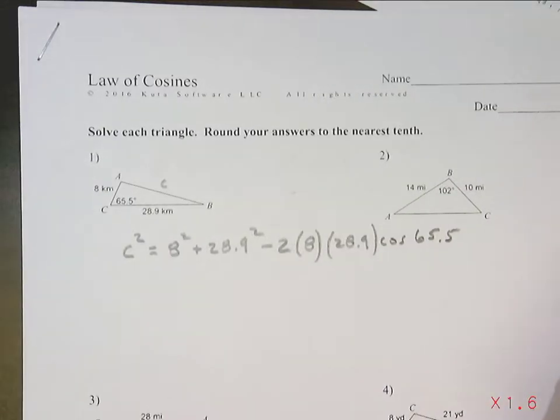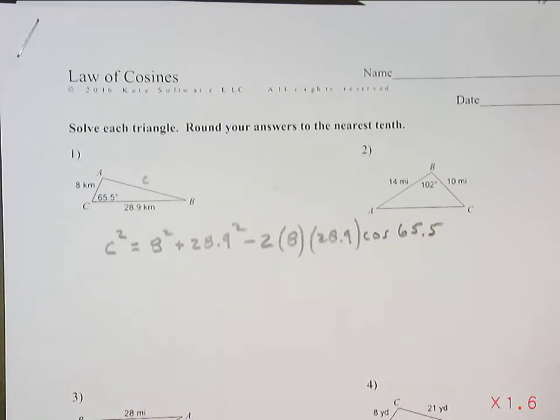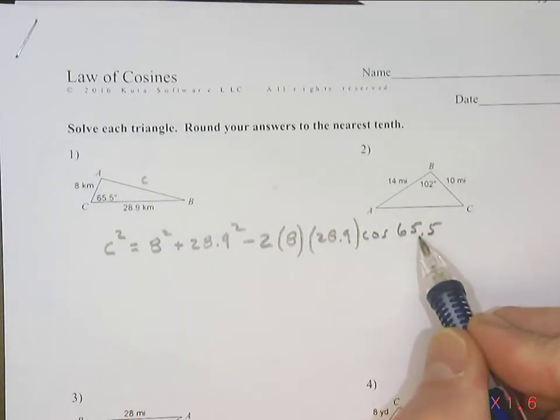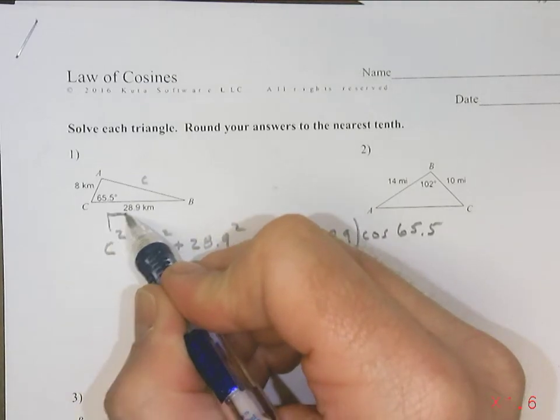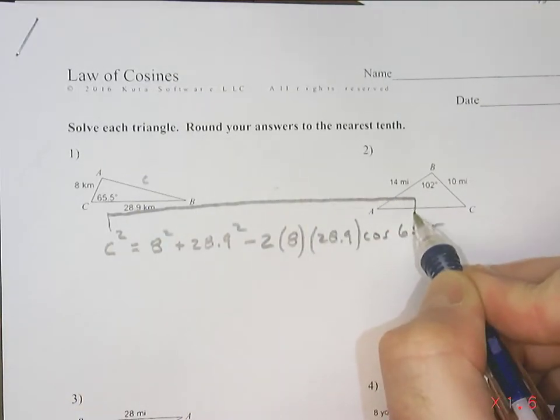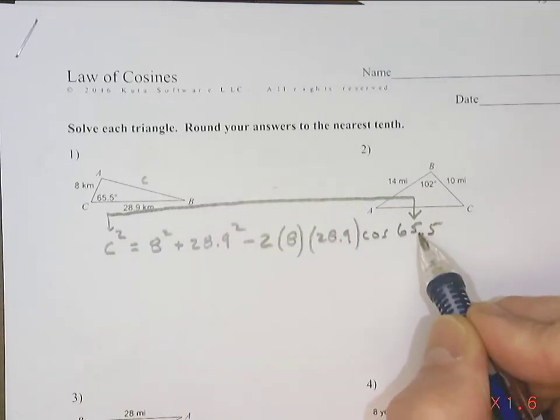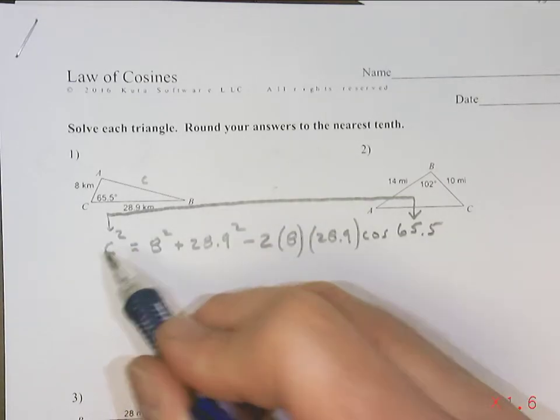Now when your formula is all written out, it is important to know that the side that we're solving for and the angle that we have, these two pieces of information right here, are always opposite one another. So whatever side is placed here, this has to be the angle opposite that side.